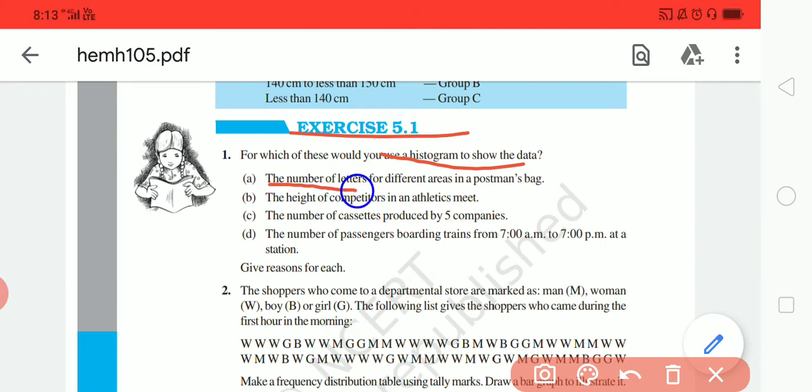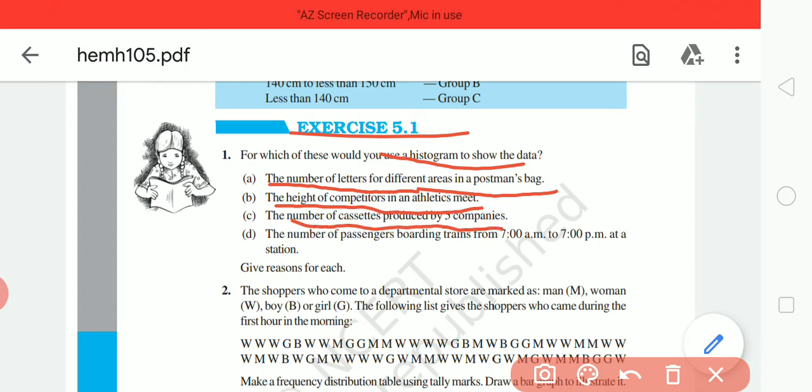See: the number of letters for different areas in a postman's bag. Second is the height of competitors in an athletic meet. The number of cassettes produced by 5 companies. The number of passengers boarding the train at 7 p.m.